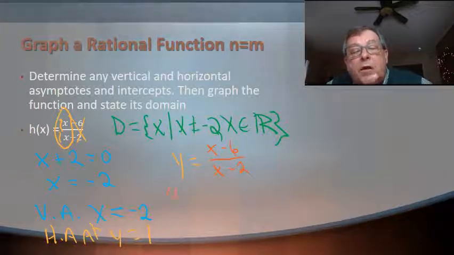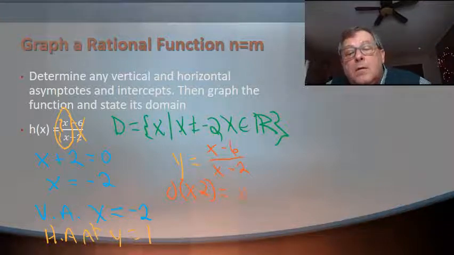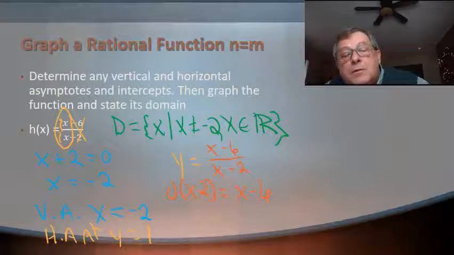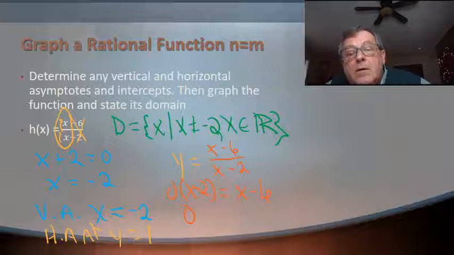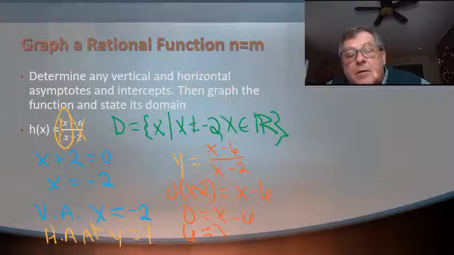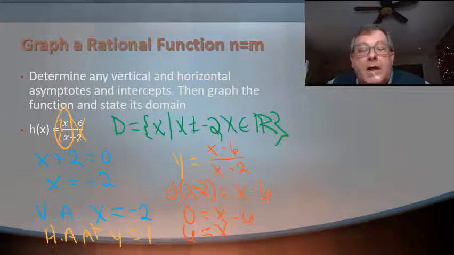If y is 0, when I multiply both sides of this equation by x plus 2 to be solving for x, 0 times x plus 2, of course, is just equal to 0. And so I've got x minus 6. If I'm going to isolate the x, I'm going to add 6 to both sides, and so I should have an x-intercept where x equals 6.